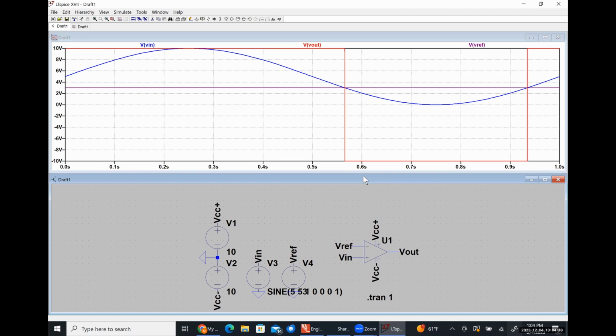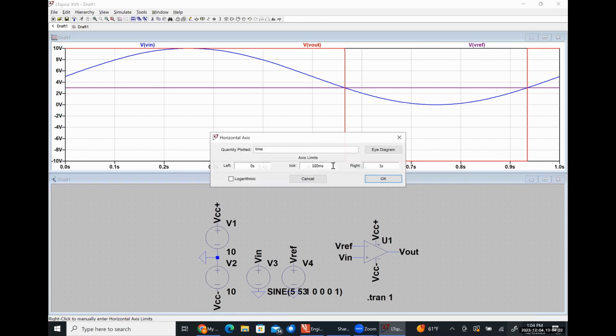Now, this is a graph as a function of time. So it looks significantly different than what we had originally drawn. So I can actually fix that. If I mouse over this x-axis here and right-click, I can change the quantity that I'm plotting against. So right now I'm plotting against time.